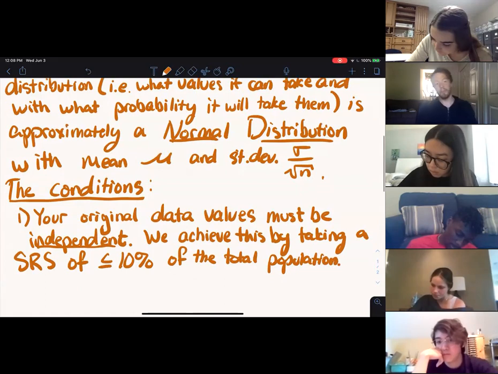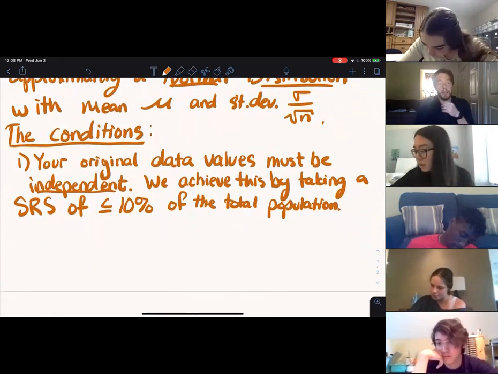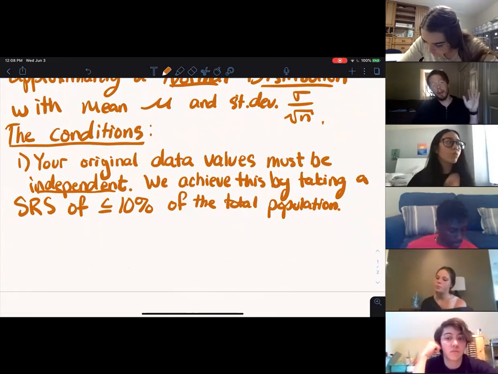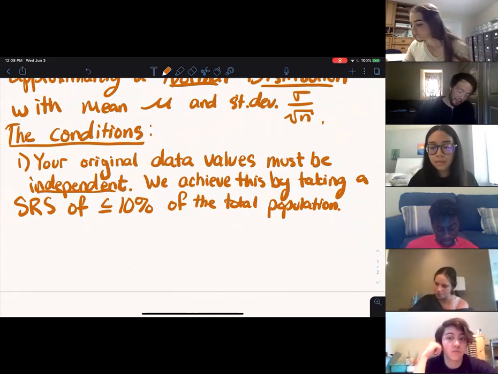So the first condition is that you need independence. The way we have done that in the past is saying my sample accounts for less than or equal to 10% of the whole. Therefore, it's approximately independent, and this condition is satisfied in that case.